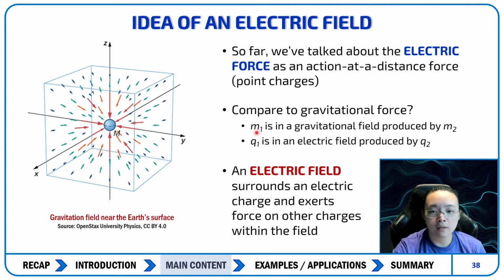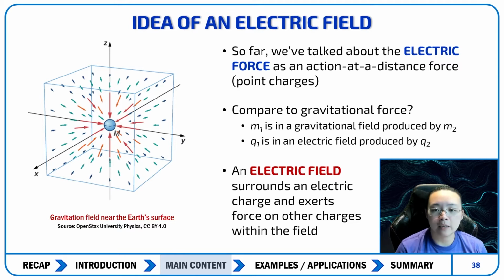Usually, mass 1 is going to be in a gravitational field produced by another mass. So similar to this diagram here, you have one mass, which is the Earth, and you have a gravitational field around it, which is attractive. Not really attractive, but it's going towards the Earth.